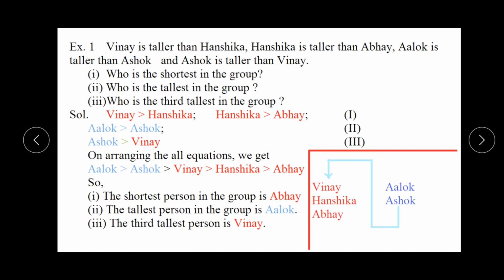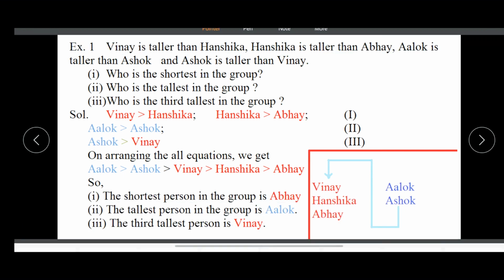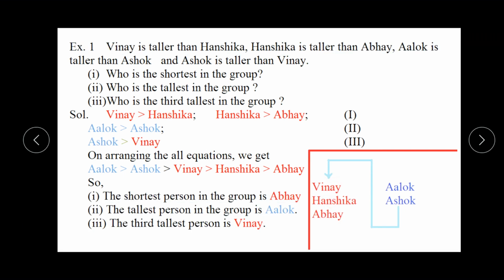We can also solve this question without wasting time in another way. In this, we arrange the names vertically, because the higher place shows higher efficiency and the lower place shows lower efficiency. Here Vinay is taller than Hanshika, Hanshika is taller than Abhay.